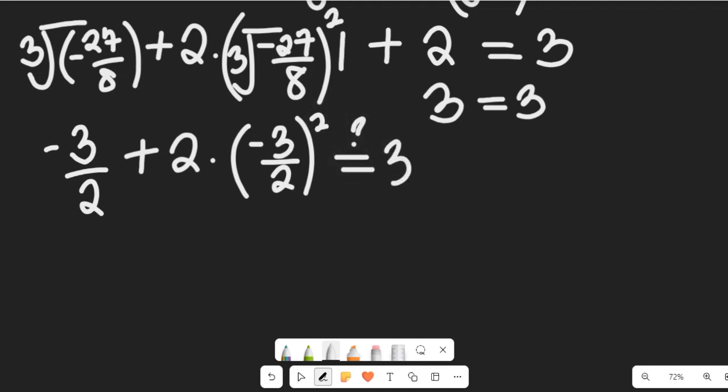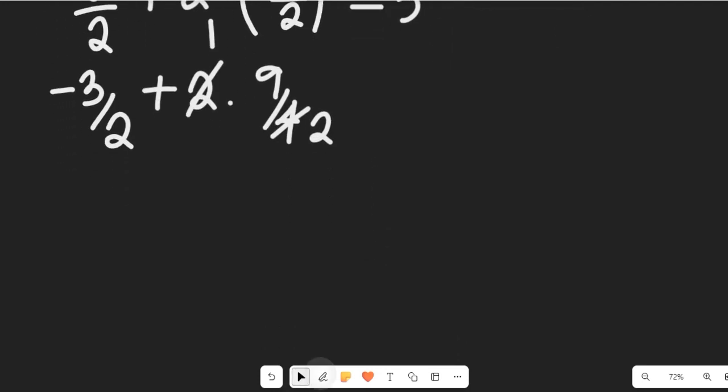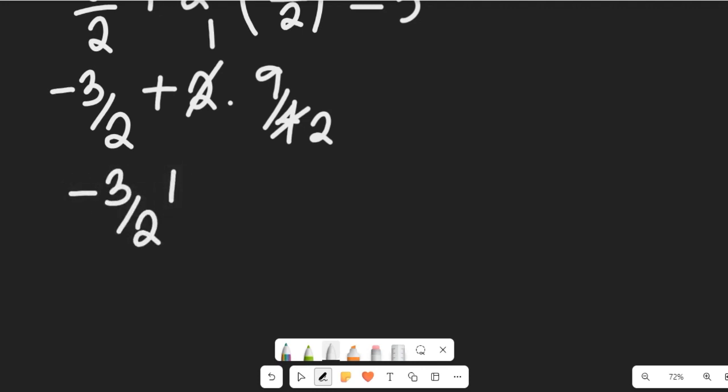Let's check. So we'll have negative 3 divided by 2 plus 2 multiplied by, this is going to give us 9 divided by 4. The 2 here and the 2 here will give us 2. So that expression becomes negative 3 divided by 2 plus 9 divided by 2, right?